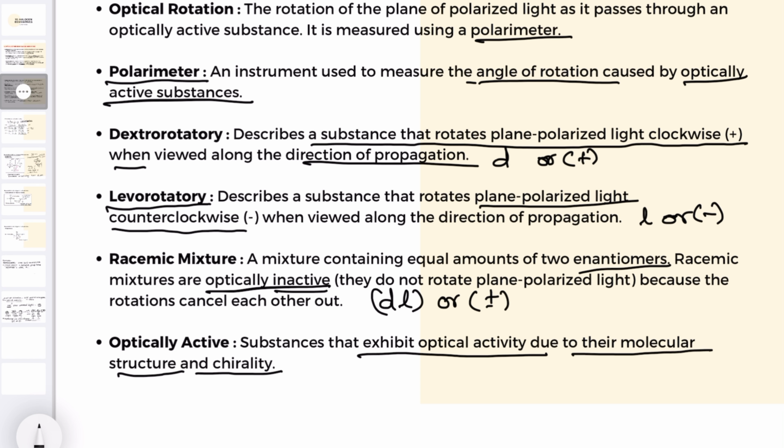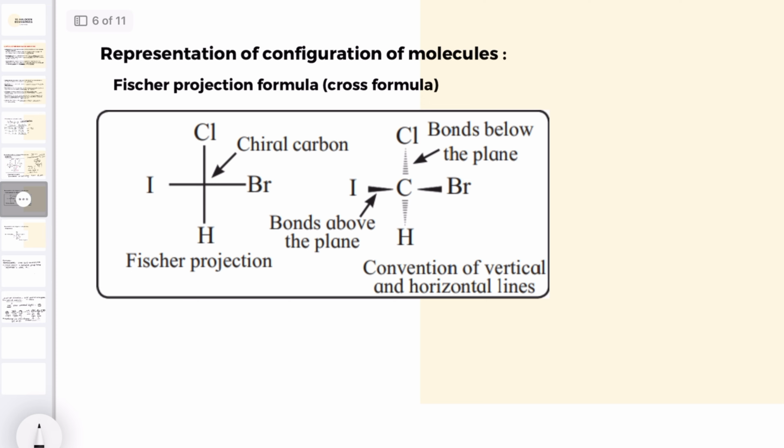Okay. Then next is representation of configuration of a molecule. This is another simple point. There are 2 representations. First one is Fischer projection formula, also known as cross formula, and another one is wedge formula. In Fischer projection formula, there is simple representation of chiral carbon.